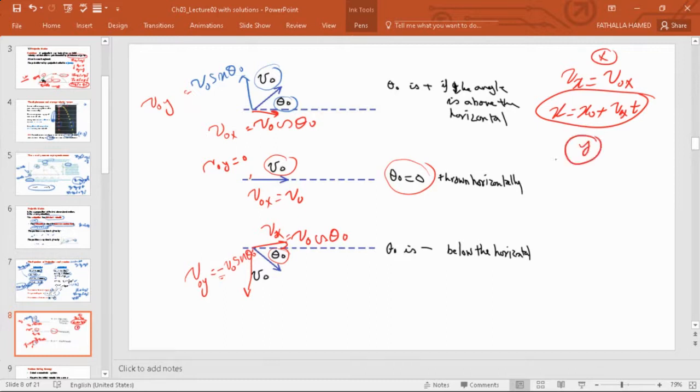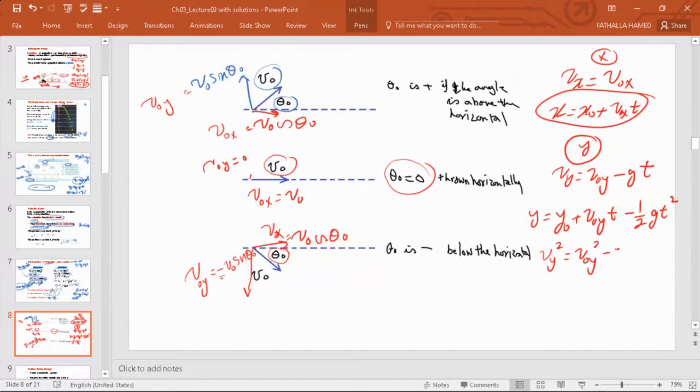For y, the vy will equal to the v0y minus gt, and your y will equal to the y0 plus v0yt minus 1/2 gt squared, and you can also say that the vy squared equal to the v0y squared minus 2g times y minus y0. And that will take care of the y, and that will take care of the x, but you have to look at your initial starting points here, and you decide.